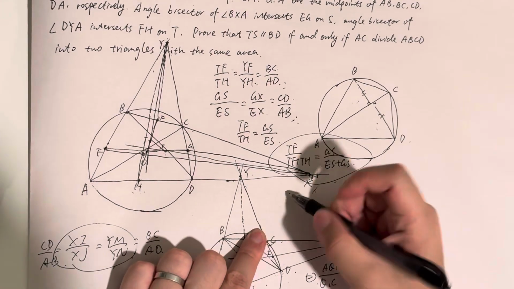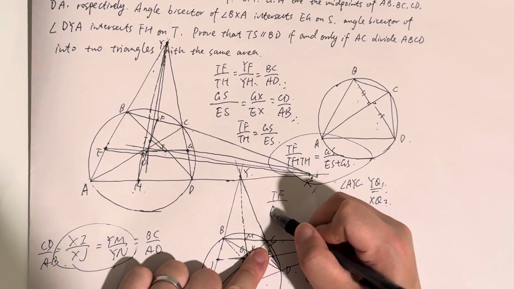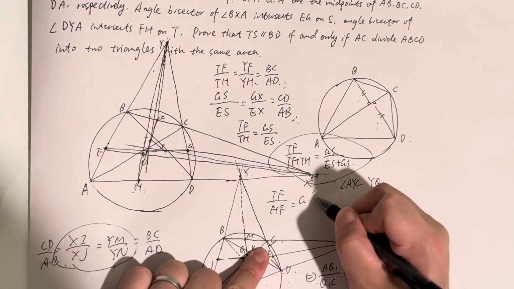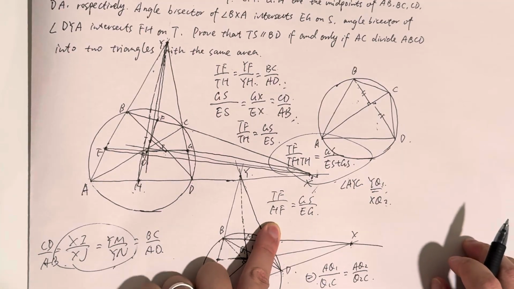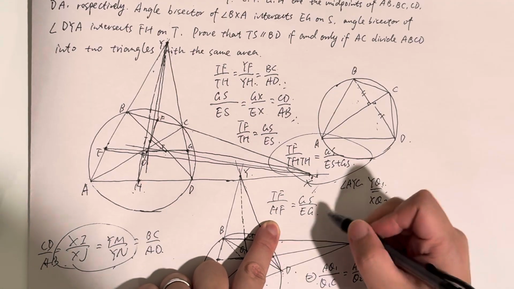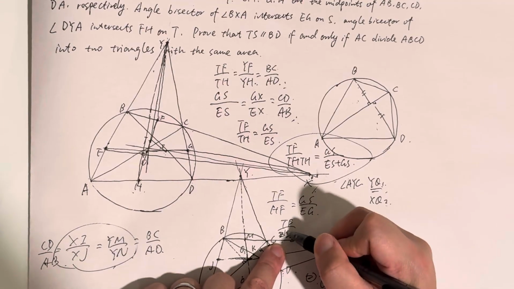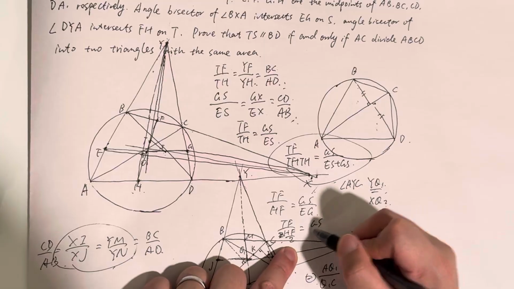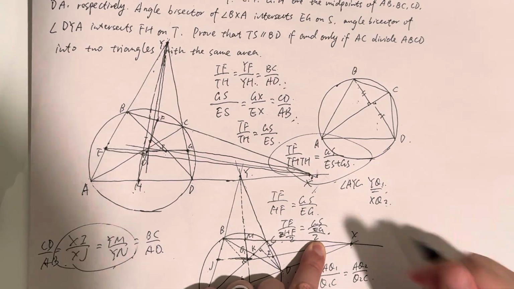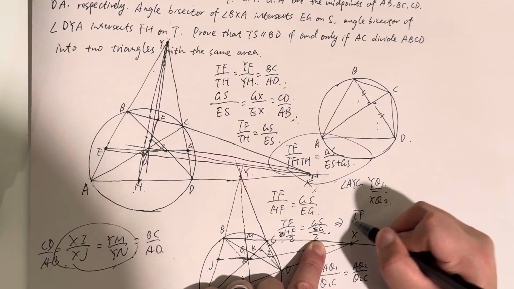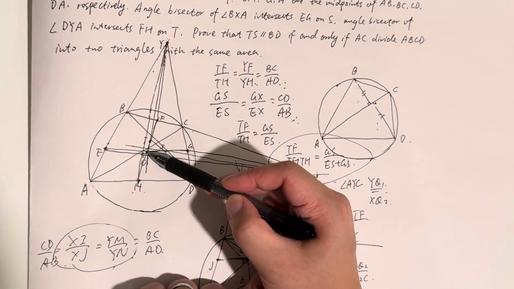So we get TF to HF equals GS to EG, right? And we can get TF to half of HF equals GS to half of EG, right? So what is half of HF? Half of HF is ZF.